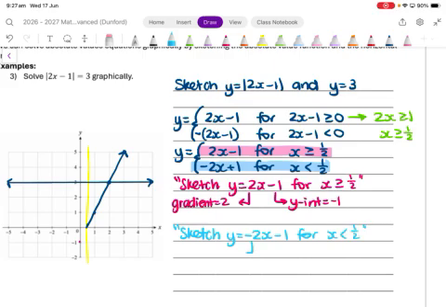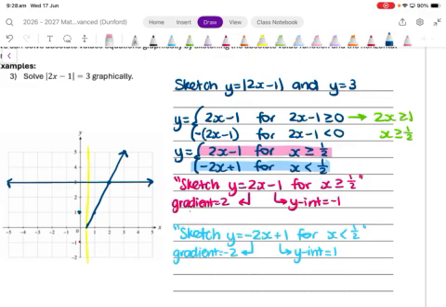Okay, so this time my gradient is negative 2. And my y-intercept, oh, it's a plus 1. I've written that down wrong. My y-intercept is positive 1. So when I put my dot at my y-intercept, it actually exists where x is less than a half. So I can put a proper dot there.